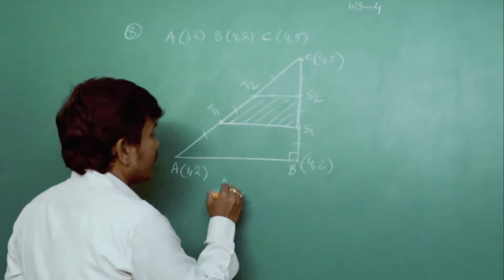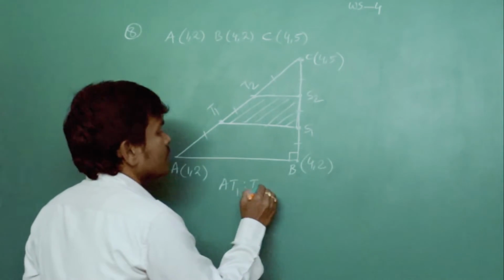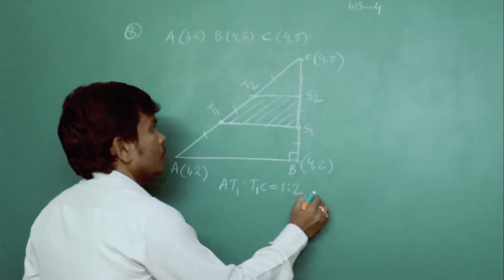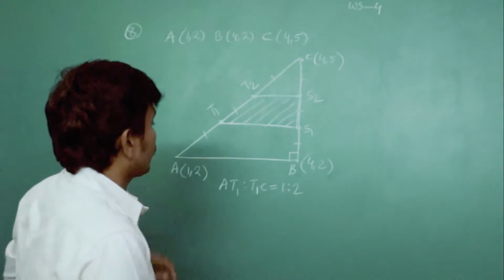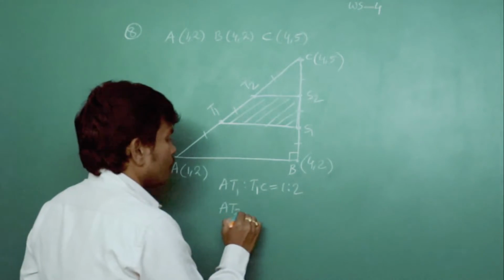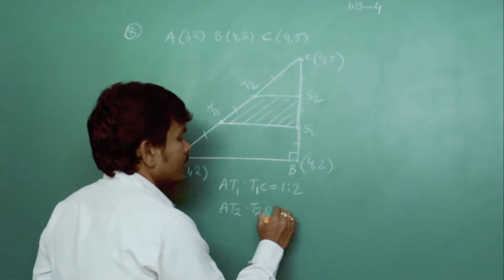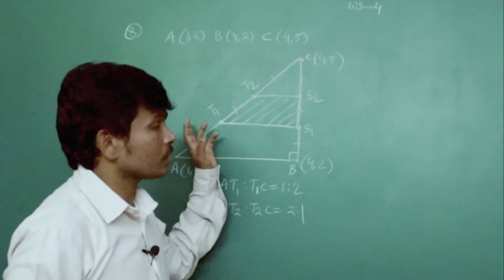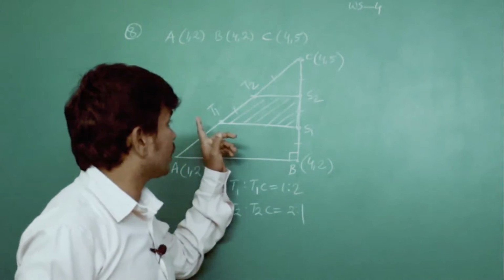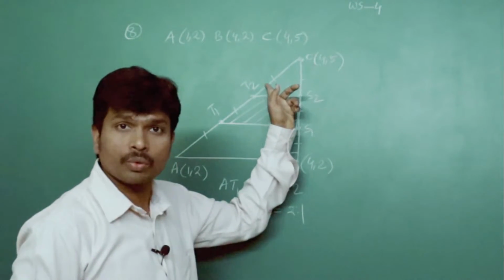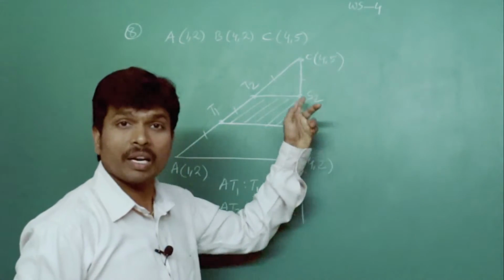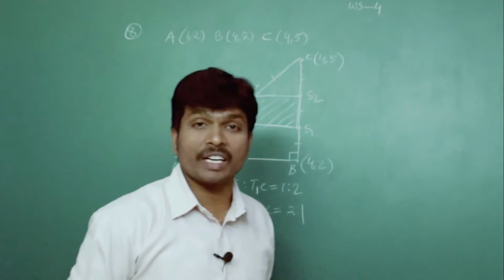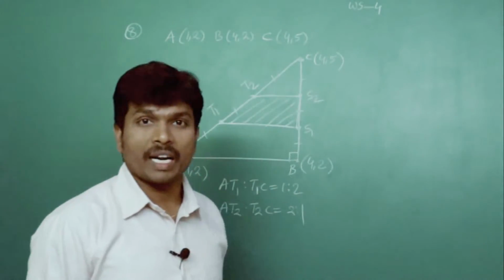AT1 is to T1C equal to 1:2, because this is one part, these are the 2 parts, and AT2 is to T2C is equal to 2:1. With the help of these ratios, by using the section formula, we can find T1, T2. Similarly, S1, S2. With the help of these 4 vertices, we can find the area of the quadrilateral.